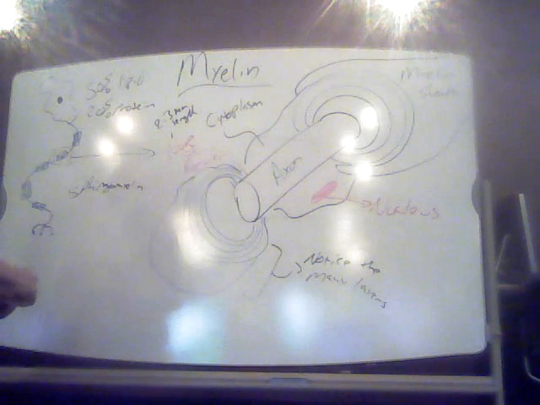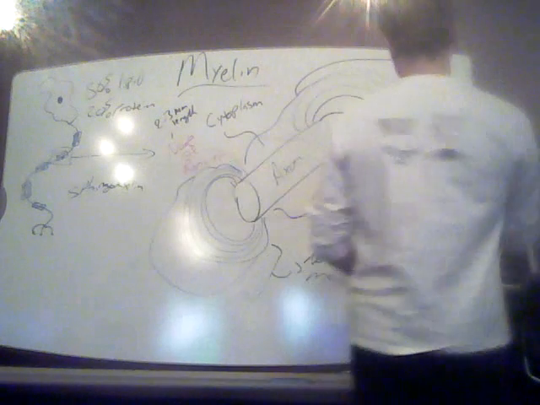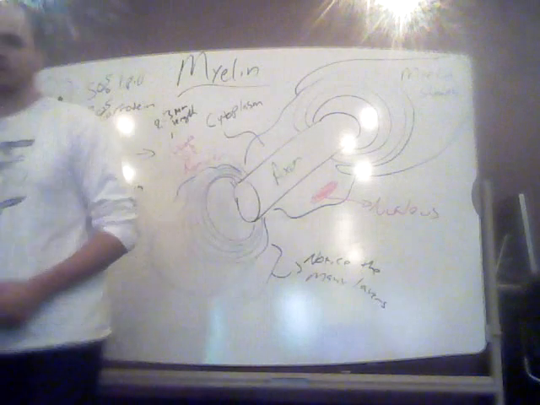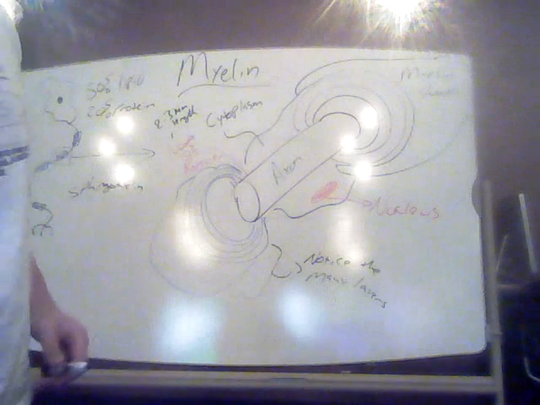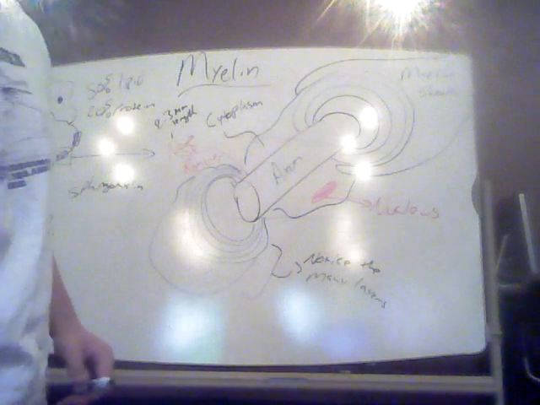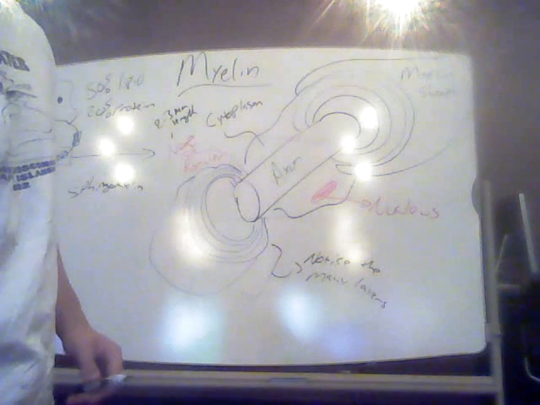All right, now if we want to break down myelination, remember myelin is created by a cell. The cells in the central nervous system that produce and maintain myelin are called oligodendrocytes, and the cells of the peripheral nervous system that maintain myelin are called Schwann cells.